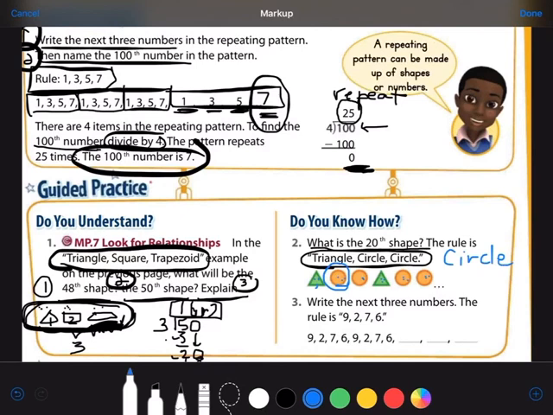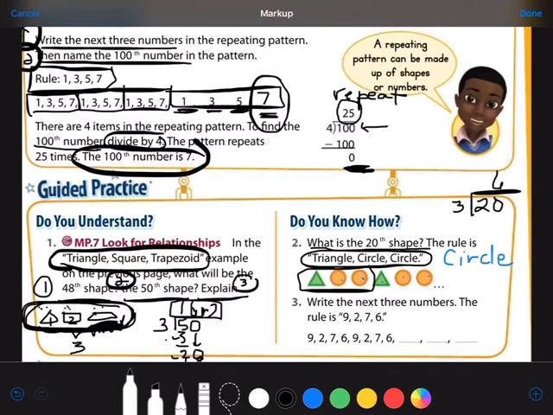Is there another way to do this? Well, of course there is. We could divide, right? So let's try that over here on the side. The 20th shape, how many parts were there in the pattern? The rule had 3 shapes, triangle, circle, circle. So I'm going to divide this by 3. 3 goes into 20, though.